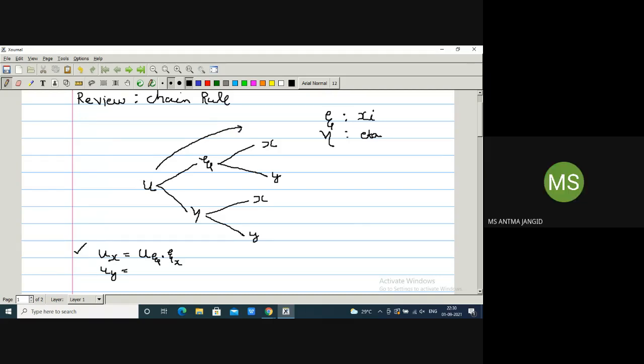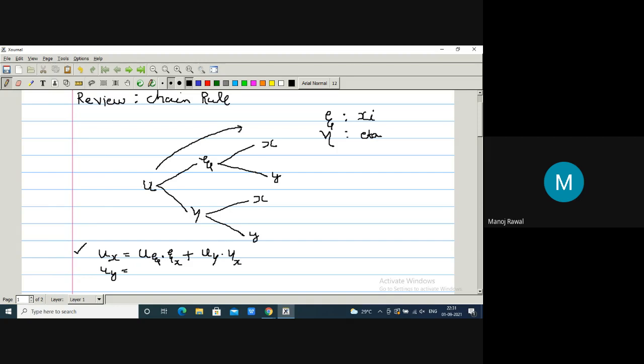Eta we will have to add, because eta is also a function of x. So plus u_eta, but eta is also further dependent on x, so you cannot leave eta behind. So del eta upon del x. So now we are done.